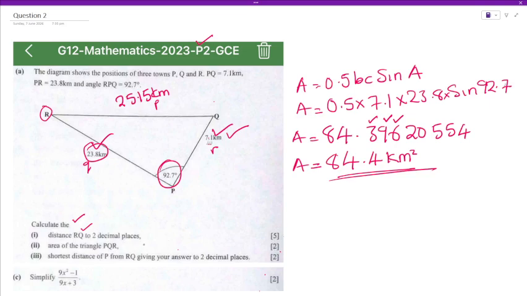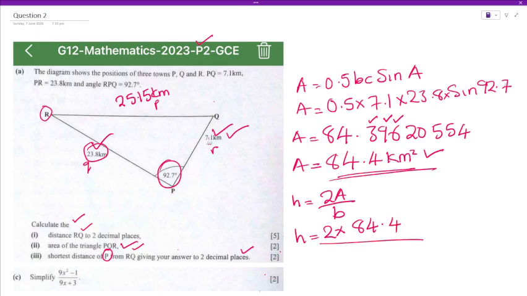Having found that one, we can now proceed to finding the shortest distance of P from RQ. So shortest distance is represented by this formula, 2A over B. H is equal to 2 times the area, this one you just found here, 84.4, over B, the distance they are mentioning in the question.